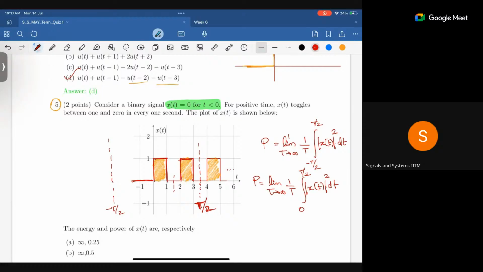So here T is 7, so this is 7 by 2, which is 3.5.